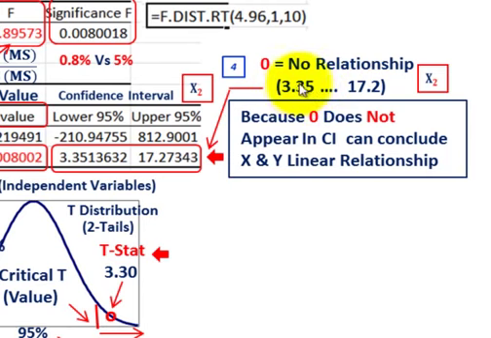In our case, we're sitting at 3.35 to 17.2, so there isn't any 0 in that range. So because 0 does not appear in our confidence interval, we can conclude that we have an x independent variable and a y dependent variable linear relationship.